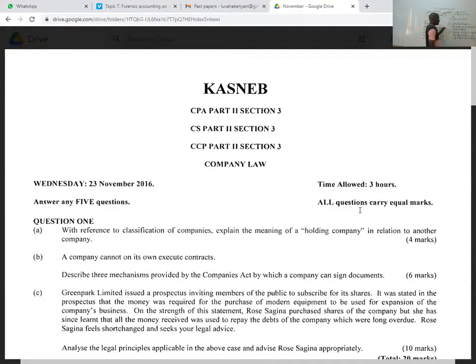An official person in the company, like the chief executive officer, like the managing director, like the chief information officer. So the company can choose such a person to be authenticating or executing the contracts of the company.